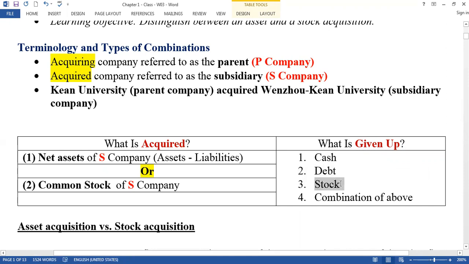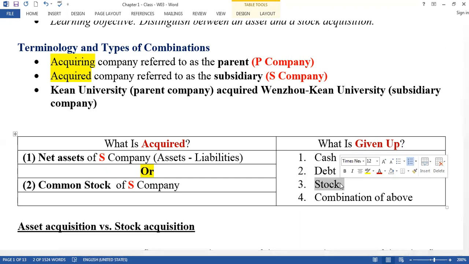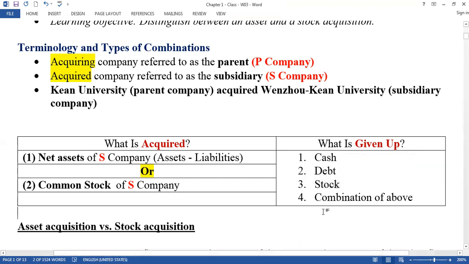Or you can issue common stock. That means you purchase my company's stock or my company's assets and you give me your company's stock. Or you can do some combination: you can give me some cash with stock, or some cash with bonds, or bonds and stock.